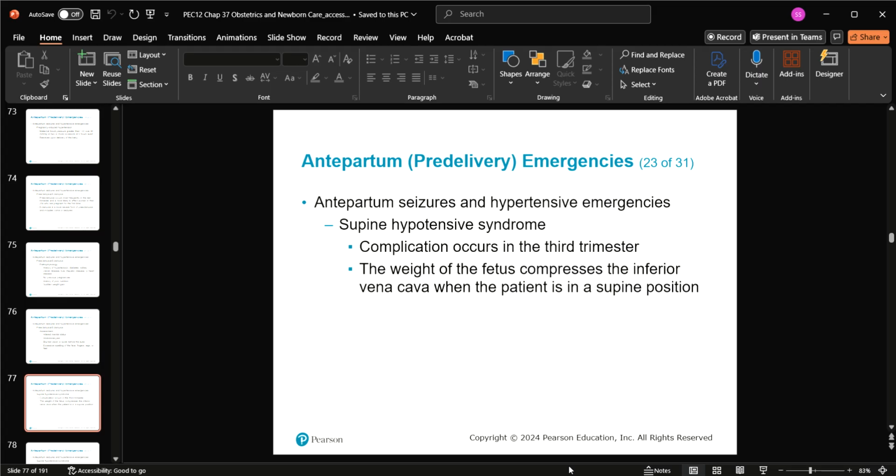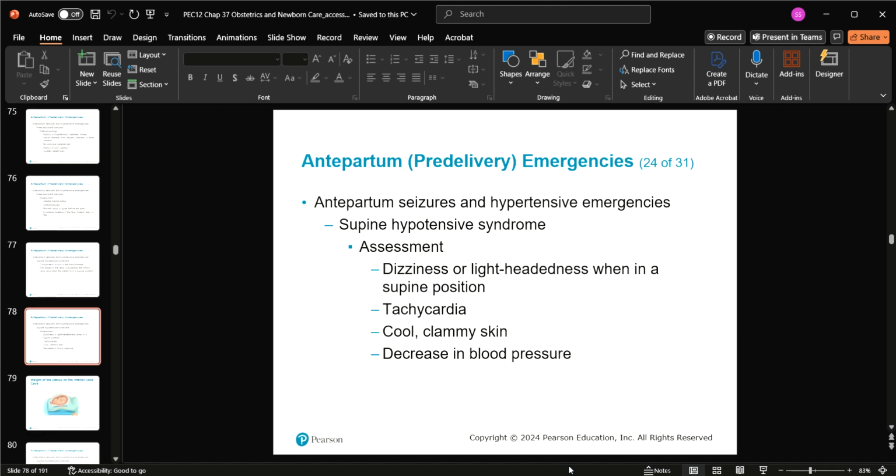Supine hypotensive syndrome. This typically occurs in the third trimester, because the fetus is crushing the inferior vena cava. That's why pregnant women, especially as they are further along in their pregnancy, are not recommended to lie on their back.